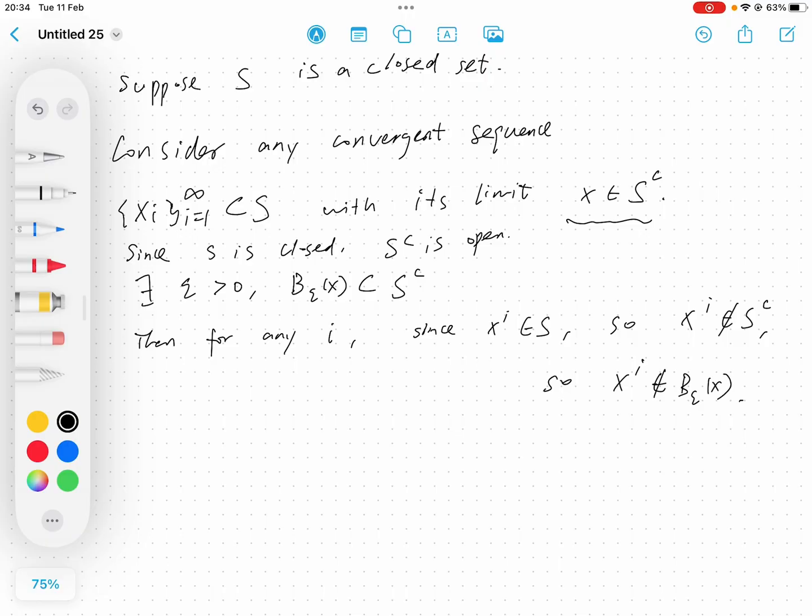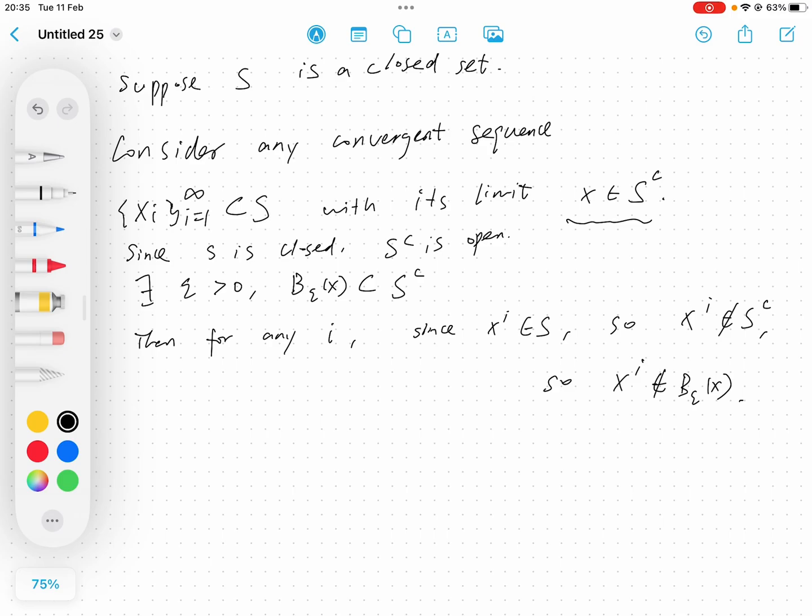Okay, so now this is pretty weird, right? So there must be some problem. This means that all those points from 1 to infinity, all those xi points, are not even inside of this epsilon ball of X, right?